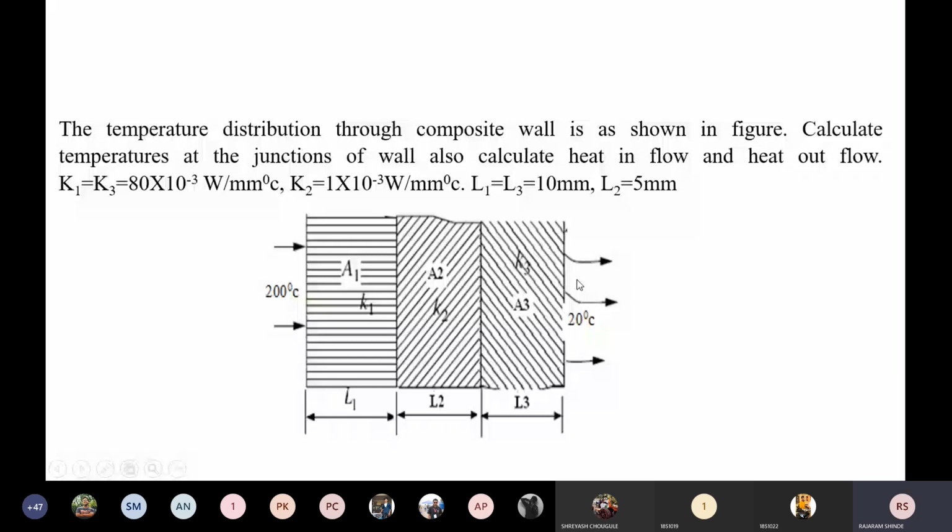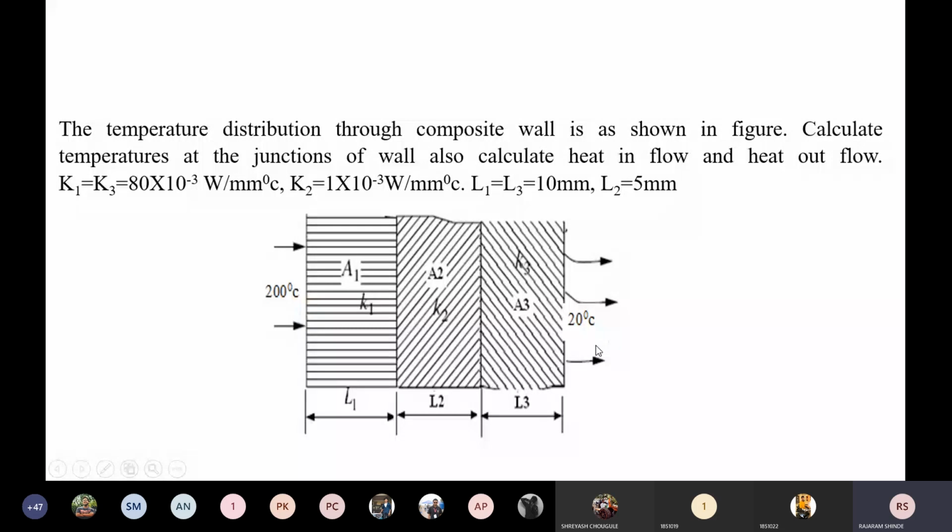Length of wall L1 is 10 millimeter, L2 is 5 millimeter, and L3 is 10 millimeter. Now what you have to calculate? You have to calculate the temperature distribution through this composite wall. Suppose this wall is of brick, this wall is of some insulator, again this wall is of brick. Or this wall is of metal, this wall is of brick, and this wall is again of metal.